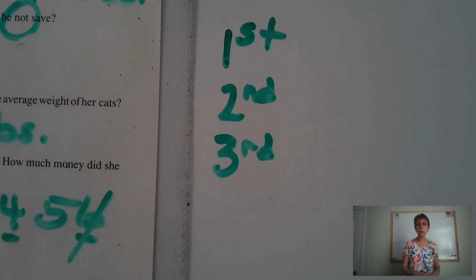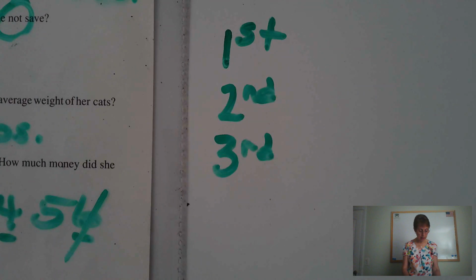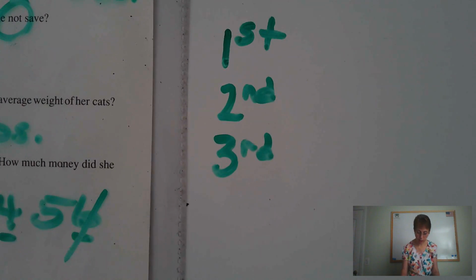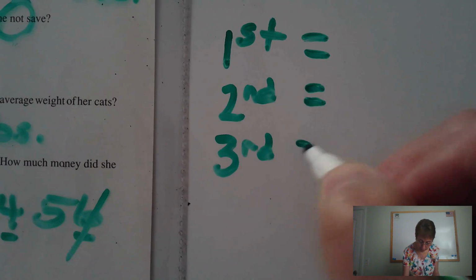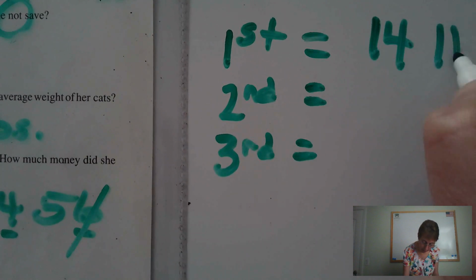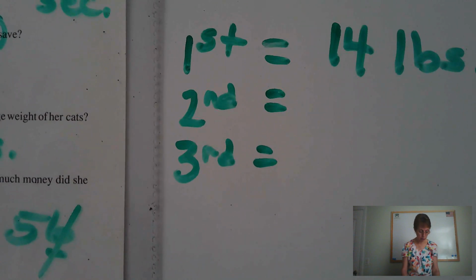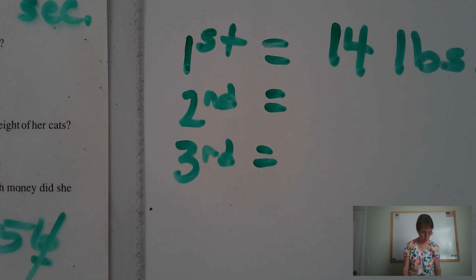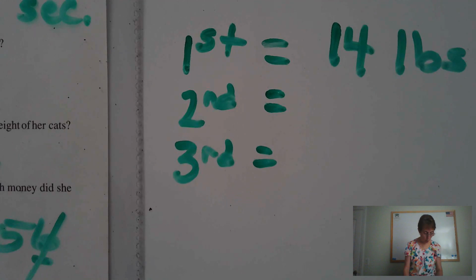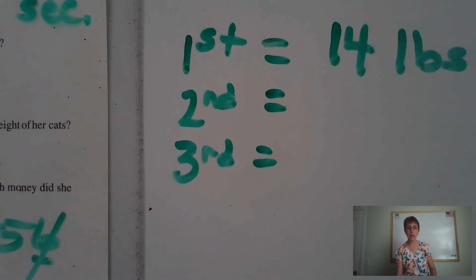So we go back and look for what we call the obvious information. The obvious information here is that the first box weighed 14 pounds. Now we can look to see what other information we're told. It says the first box was twice the weight of the second box.